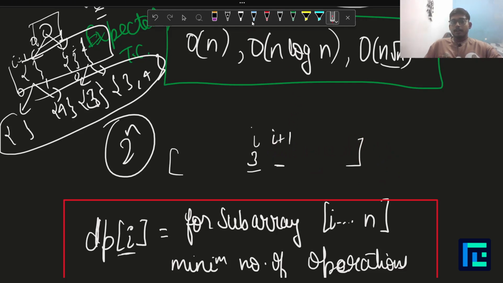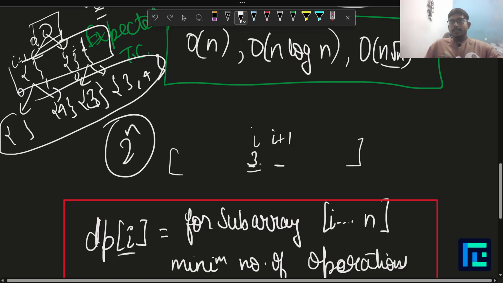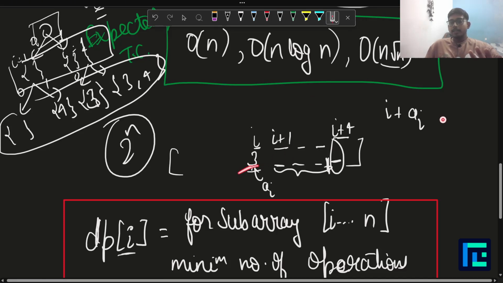So if the value at this index is a[i], say 3, then take 3 elements here. What would be the index of the next element after those 3 elements? This is i, then i plus 1, i plus 2, i plus 3. This would be i plus 4. So how we got i plus 4 is i plus a[i], a[i] was 3, then plus 1.